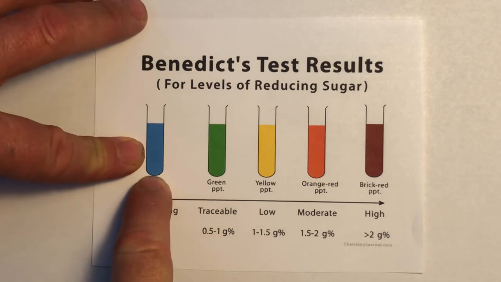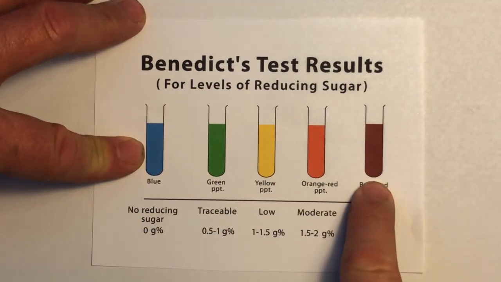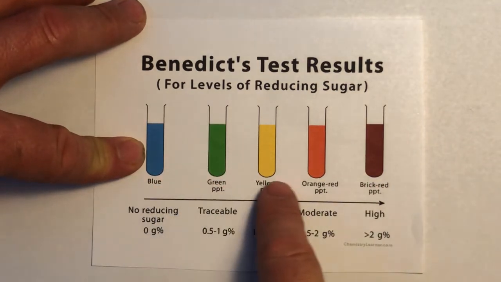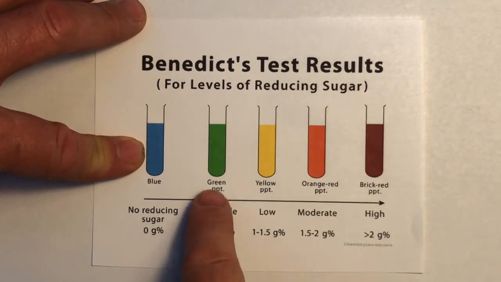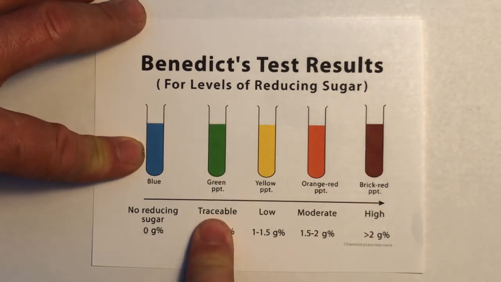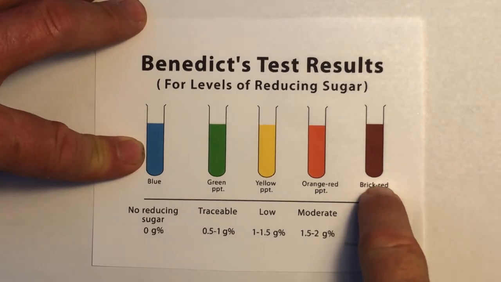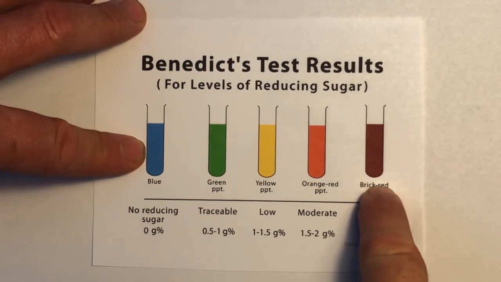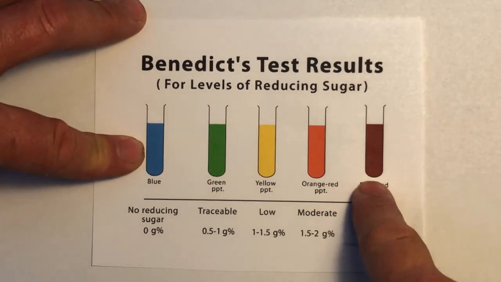It then goes green, yellow, orange, brick red. Whatever the colour is depends on how much sugar there actually is. So green is traceable, and high is brick red. If the question says, what is a very positive test for the Benedict's test, you would say brick red.